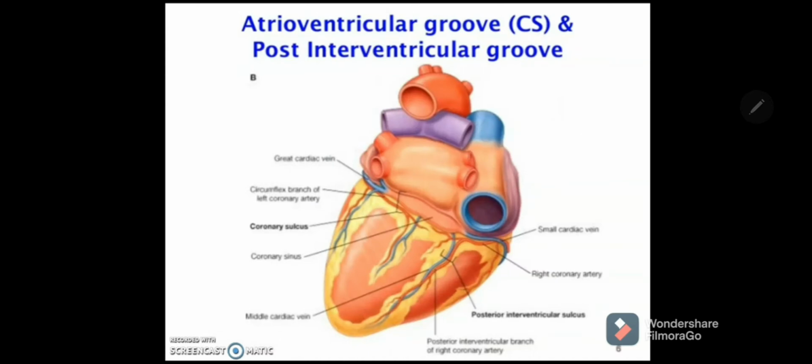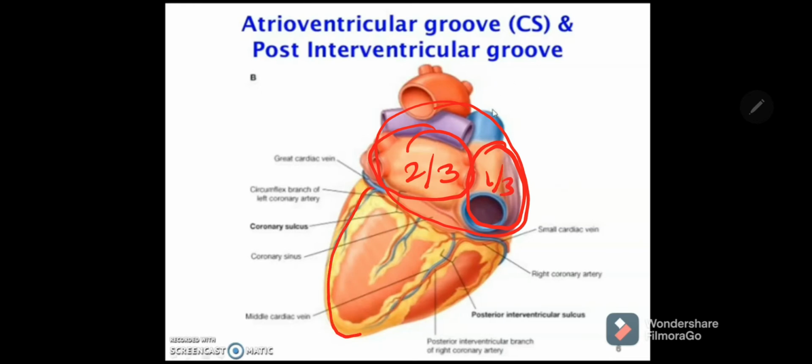And when you see the posterior superior view of the heart, the base of the heart, it is formed by these two chambers. This is the left atrium, this is the right atrium. Two-thirds is formed by the left, one-third by the right, and this is the diaphragmatic surface of the heart, formed by the left ventricle and right ventricle here.